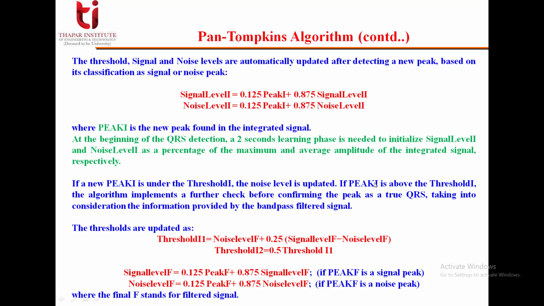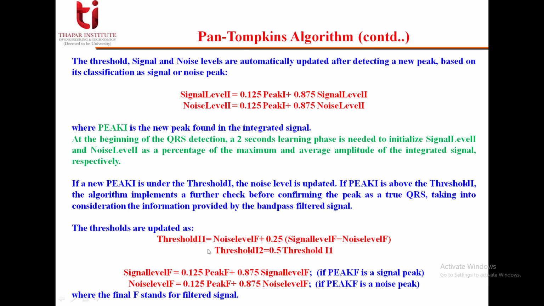And if this peak 1 is above the threshold 1, the algorithm will further check, before confirming that this peak is a true QRS peak, the information provided by the bandpass filtered signal. So it will cross check that, and then the threshold will be updated depending upon the levels we have taken from the filtered signal.